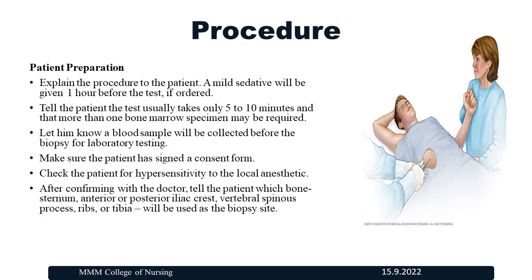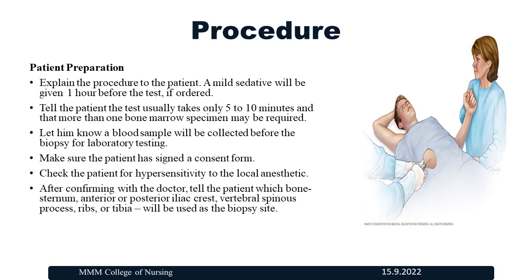For the procedure, patient preparation is very important. Explain the procedure. Mild sedation will be given 1 hour prior to the procedure if ordered. Tell the patient the test usually takes only 5 to 10 minutes, and that more than one bone marrow specimen may be required. Let him know that a blood sample will be collected before the biopsy for laboratory testing.